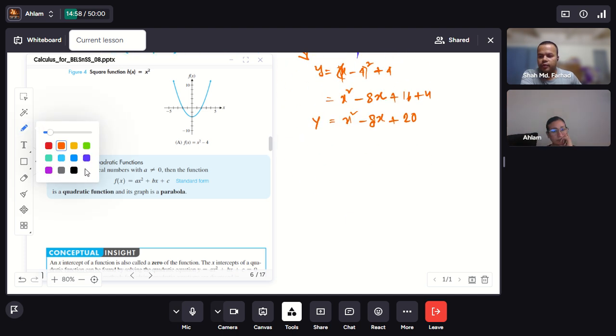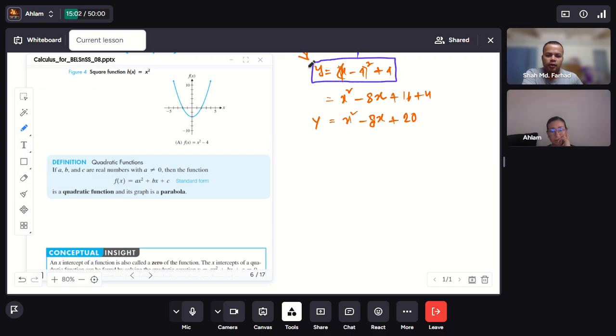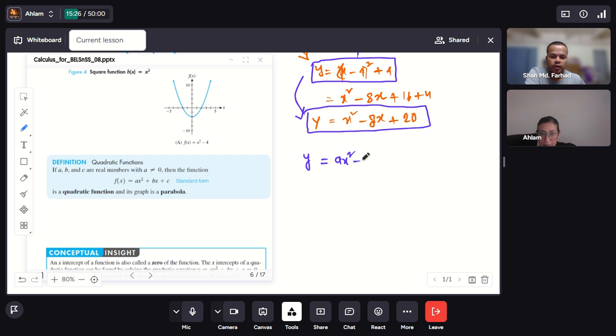So from here, this one and this one both are equal, right? We got this one from this. Both are equal. Now, if we rewrite this in standard form, then we have y equals ax squared plus bx plus c.